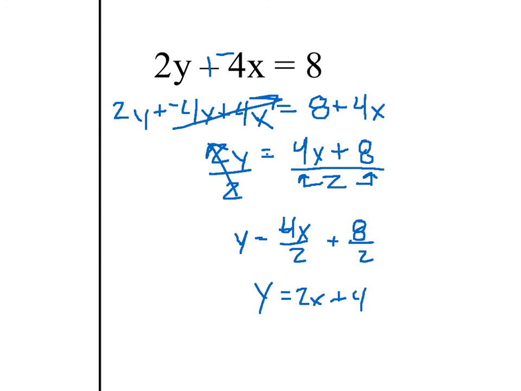What's my slope? Slope is 2. In rise and run form, that's 2 over 1. My y-intercept? 0, 4. That's a 0, I promise. All right?